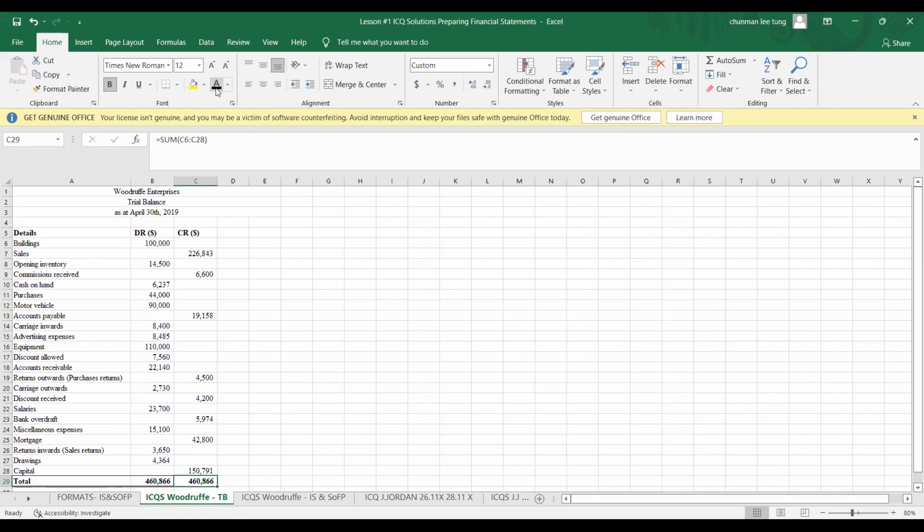Now it's onto a bigger stage, which is leading us into the income statement and then the balance sheet. So we have to prepare the trial balance, or a trial balance will be presented to you to then go ahead and do the income statement and the balance sheet.